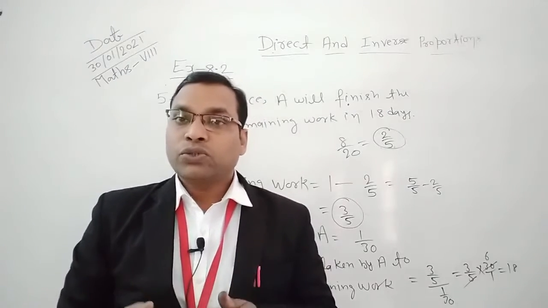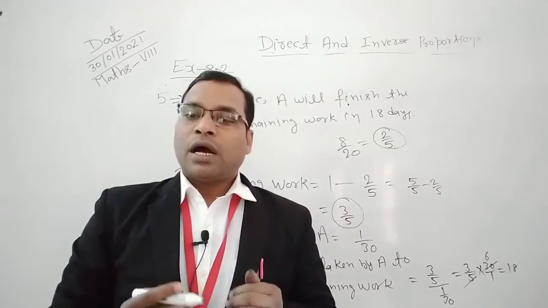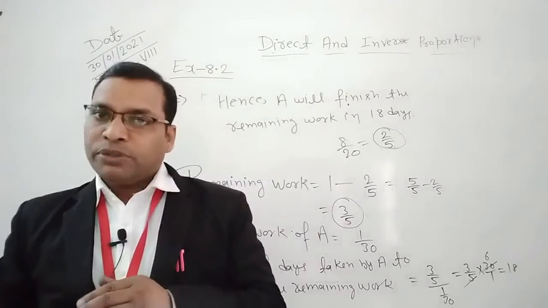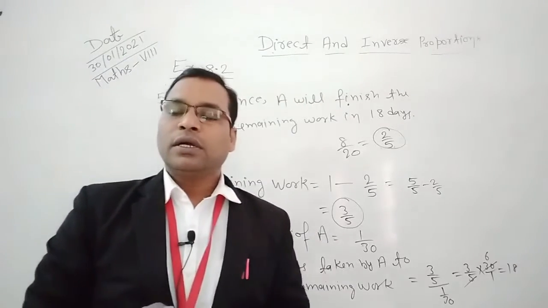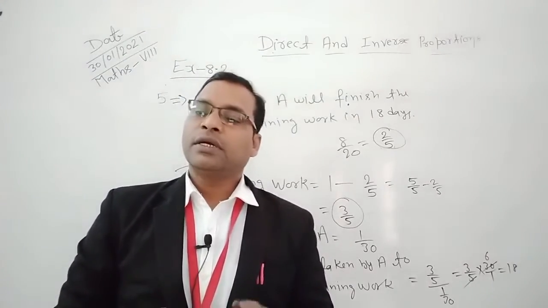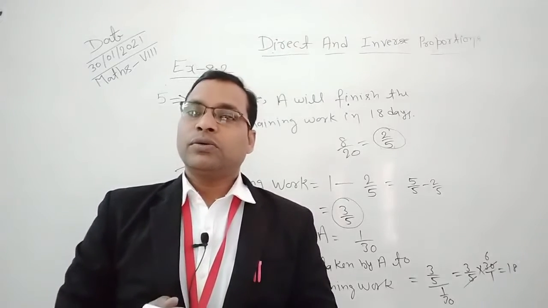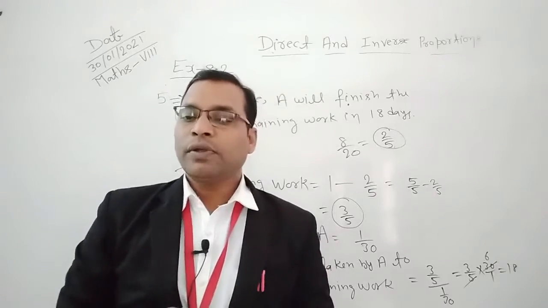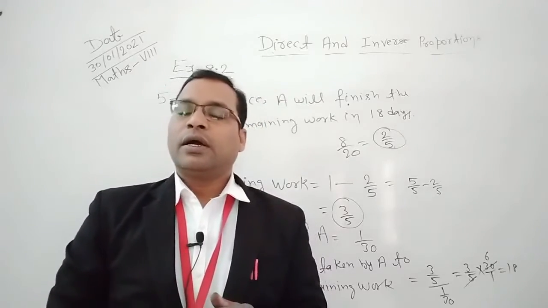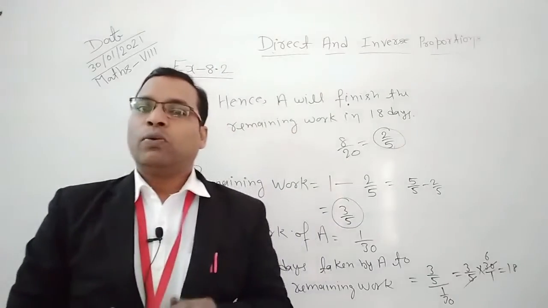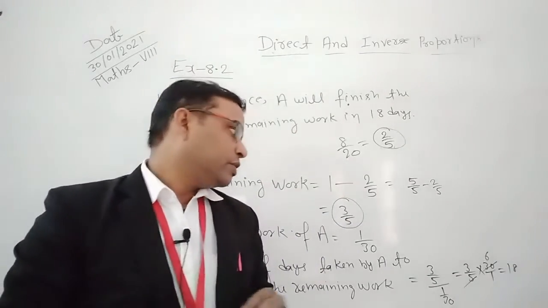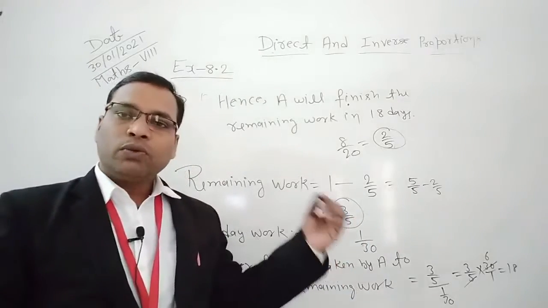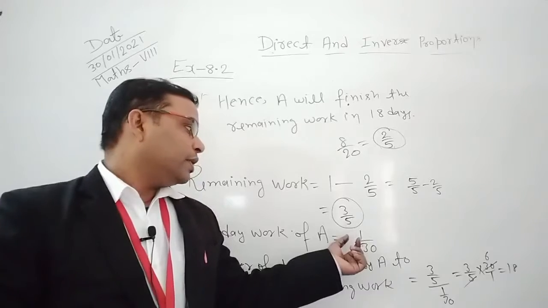Now the question asks us how long will A take to finish the work, meaning the remaining work. So the number of days taken by A to complete the remaining work is equal to work to be done divided by 1 day work of A. So here work to be done is 3 by 5 and 1 day work of A is 1 by 30.